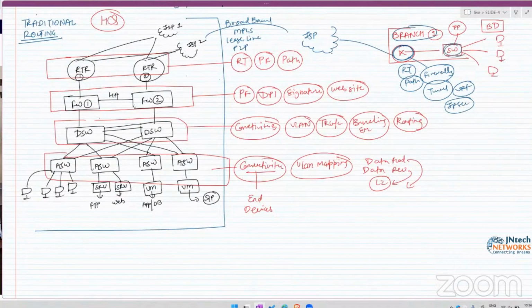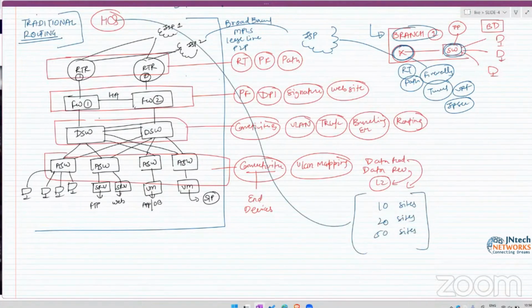This switch also performs a switching task, but it must be manually configured at every branch. So in traditional routing, if you have 10 sites, or 20 sites, 50 sites, you need to deploy and connect with HQ. So how to connect in traditional routing? One by one, every branch we need to configure.